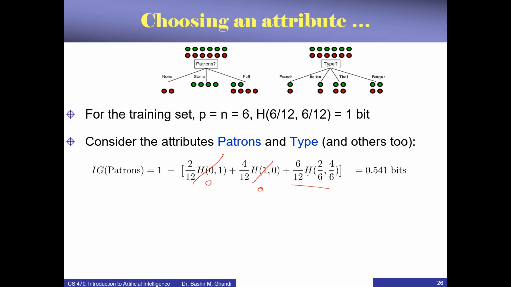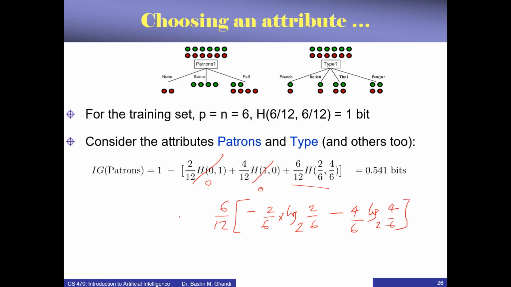So now you have to go and compute this, and as we learned, of course you're going to multiply by 6 out of 12, so it's going to be minus 2 over 6 times log base 2 of 2 over 6, minus 4 over 6 log base 2 of 4 over 6.